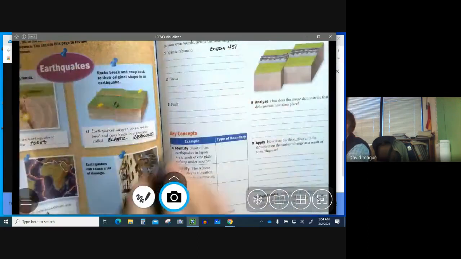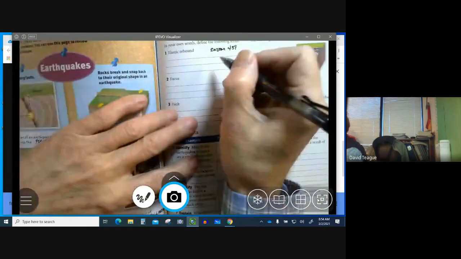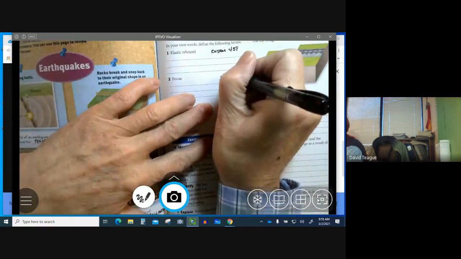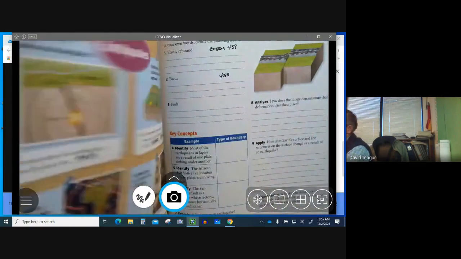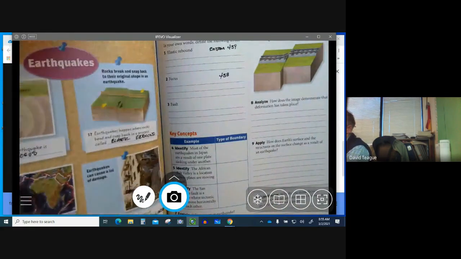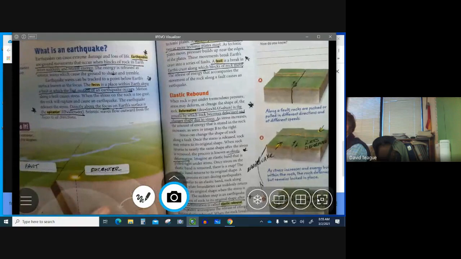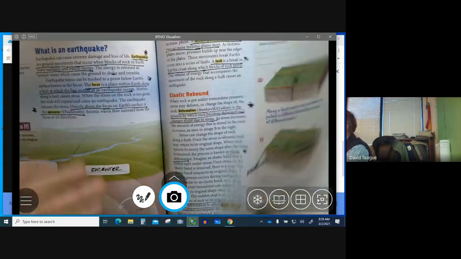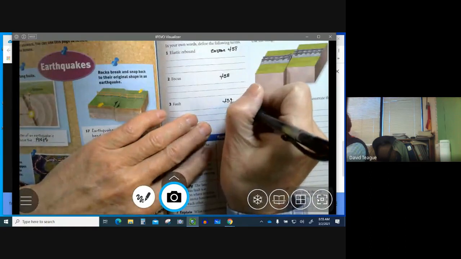Focus is on page 438. Fault is on page 439.